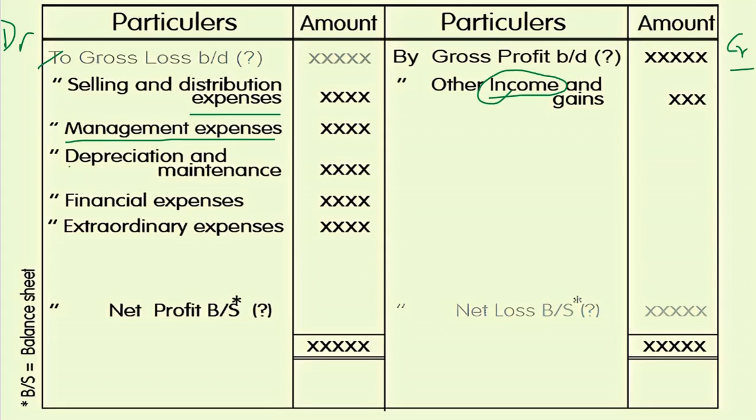Next, depreciation and maintenance guys. Depreciation means it is a reduction. It is mainly on the machineries. Whatever the goods it may be, on those goods the depreciation will be applicable. Then here financial expenses. Whatever the goods selling and goods buying, these all things come under the financial expenses.